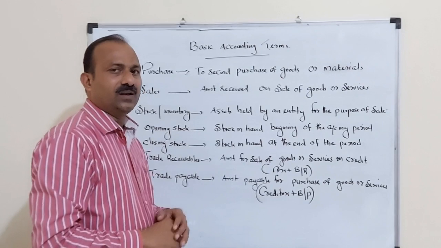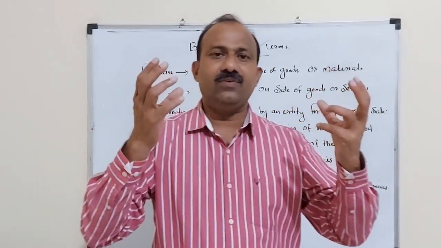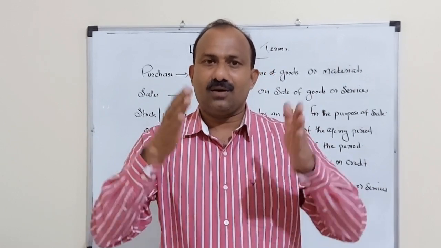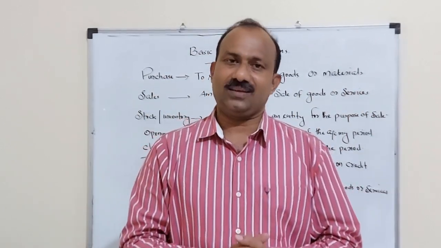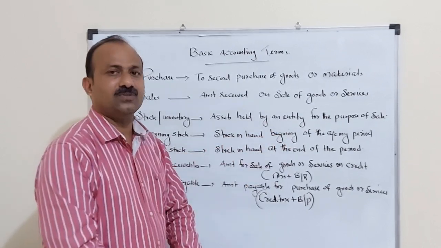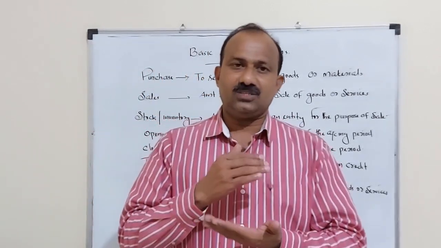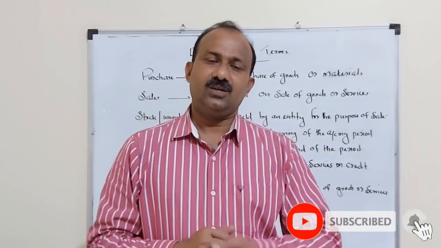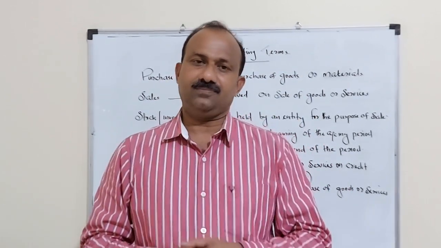Then stock or inventory. What do you mean by stock and inventory? The goods available with an organization on a particular date are known as stock or inventory. Asset held by an entity for the purpose of sale. Any asset which is held by an entity for resale purpose is known as stock or inventory.